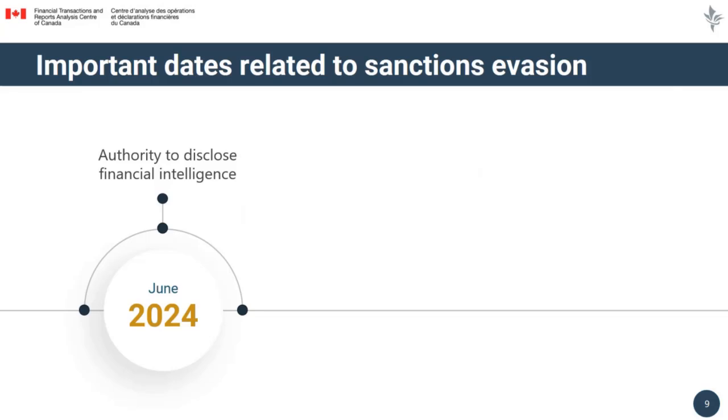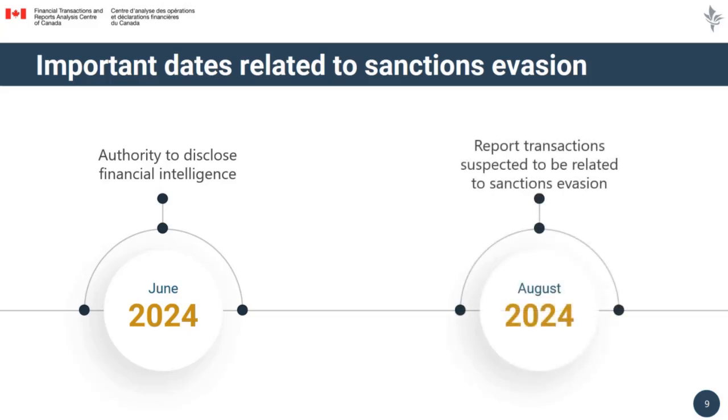As of June 2024, FINTRAC has the authority to disclose financial intelligence related to sanctions evasion to the appropriate law enforcement agencies. As of August 19, 2024, in addition to the long-standing obligation to report transactions where there are reasonable grounds to suspect that they are related to a money laundering or terrorist activity financing offense, reporting entities must report transactions suspected to be related to sanctions evasion to FINTRAC. These transactions are required to be reported using FINTRAC's Suspicious Transaction Report form.